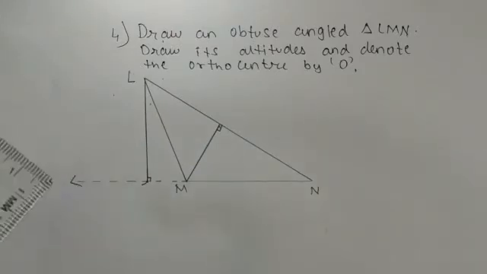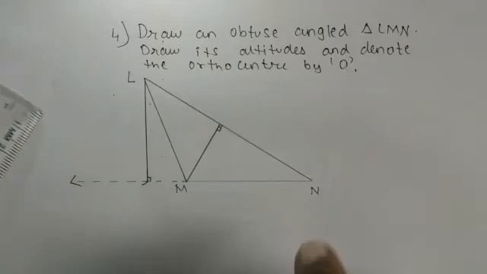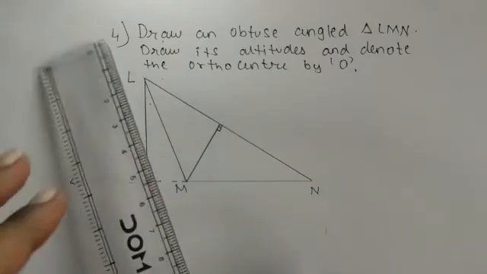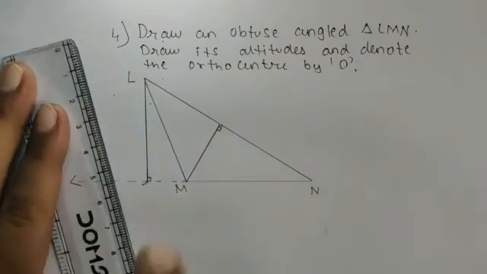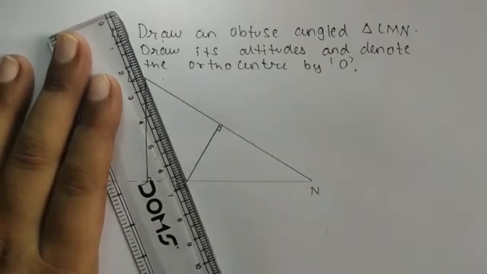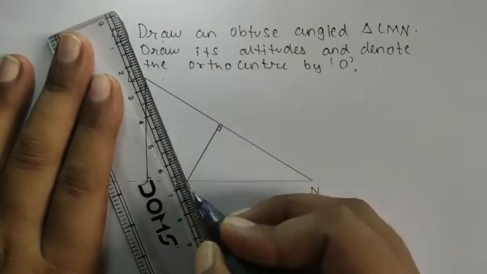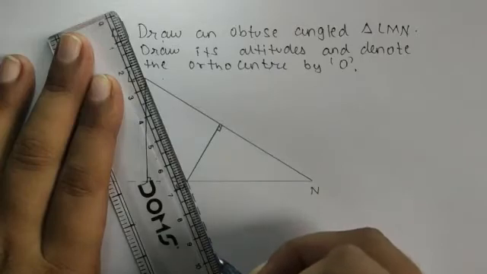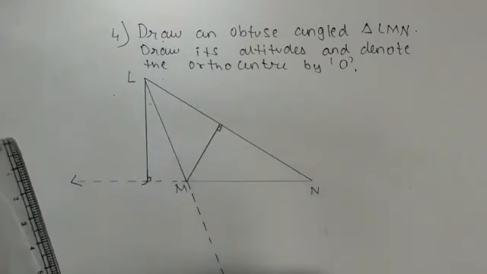Now to draw an altitude from vertex N, we will have to extend its opposite side, which is LM. So we will extend this side. Yes.